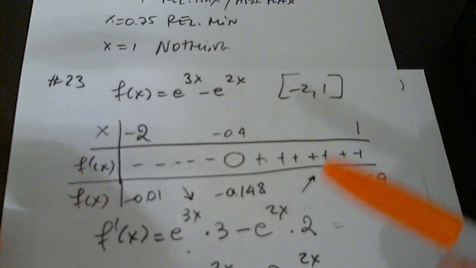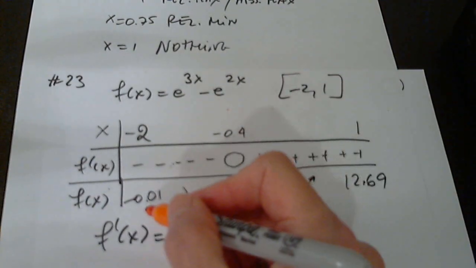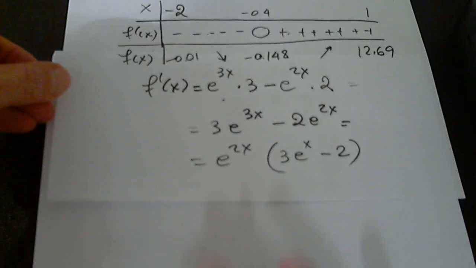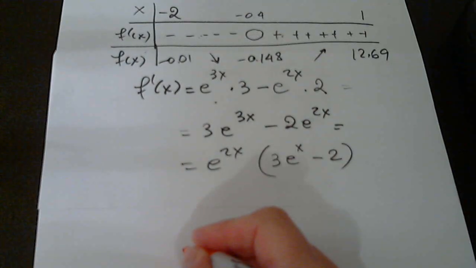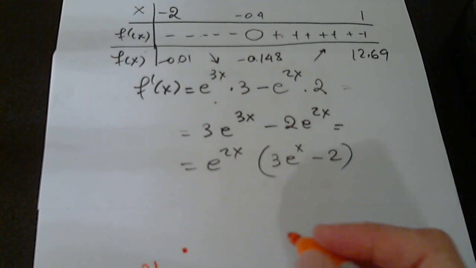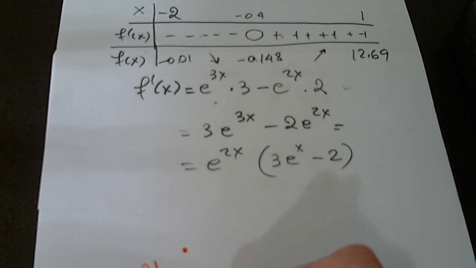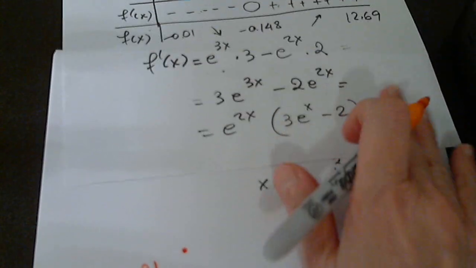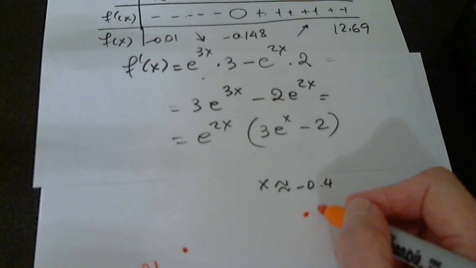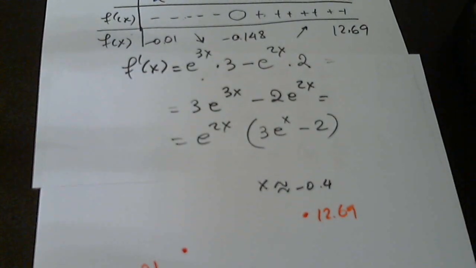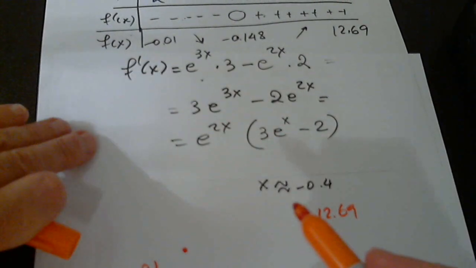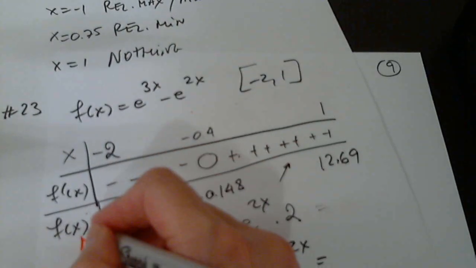So obviously, I'm not graphing the function. Here is negative 0.01. Here is negative 0.148. And up here, I'm not graphing the function, I'm just putting those y values. So this point is nothing.